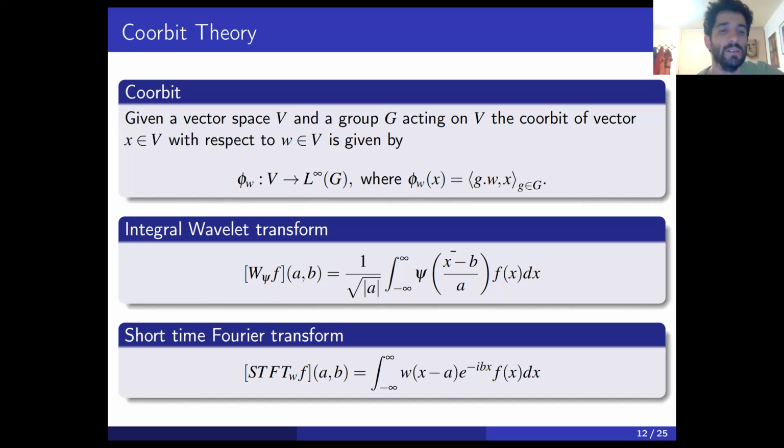And two very popular transforms that use this Coorbit theory, which I will just state, are the wavelet transform and the short time Fourier transform. They're very popular in time-frequency analysis. As we can see, the wavelet transform takes a kernel and slides it through our data, while the short time Fourier transform cuts some data and performs a Fourier transform on this segment.